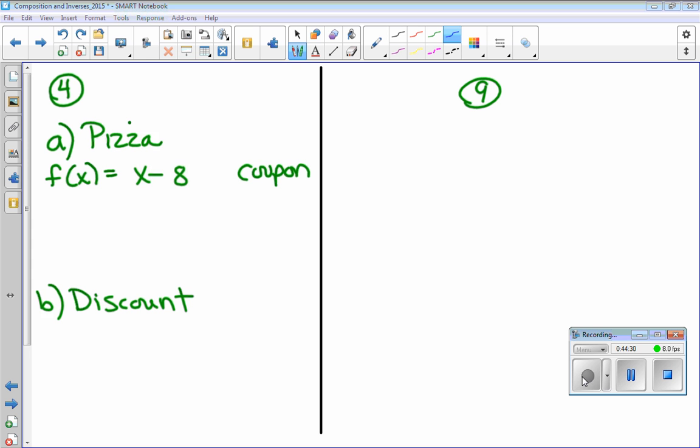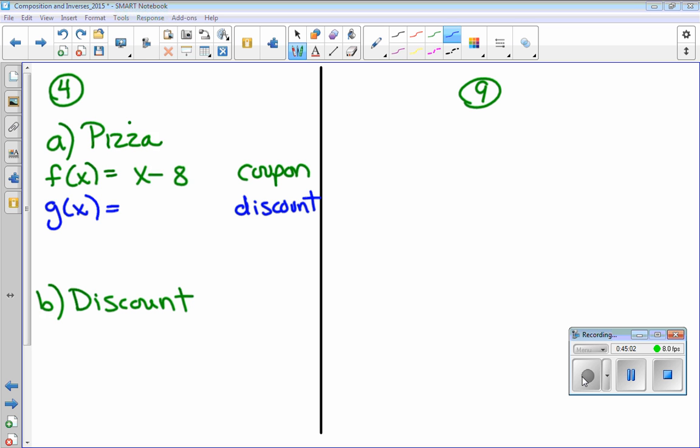Now let's write another function talking about the discount. It says you get 20% discount on the pizza. It's not the same thing as a markup like we did on the last question, right? When you marked up, you added the percent to 1. That's where you got 1.25 from. But now we're getting a discount. It's actually not negative. You're subtracting it from 1.